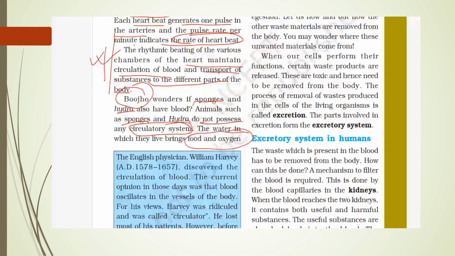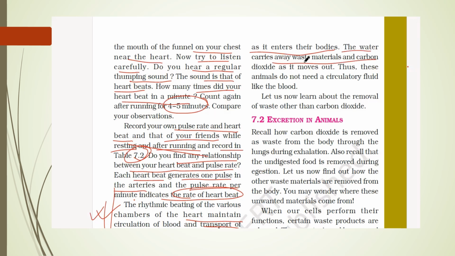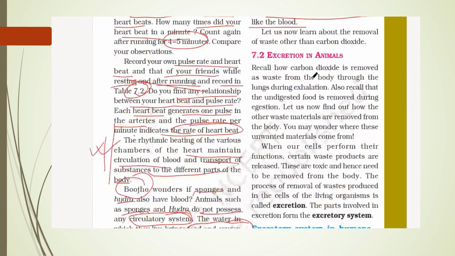They live in the water, from where they get the food and oxygen. This food and oxygen enters their body through water, and the water carries waste materials and carbon dioxide as it moves out. Thus, these animals do not need a circulatory system like the blood that we all need.